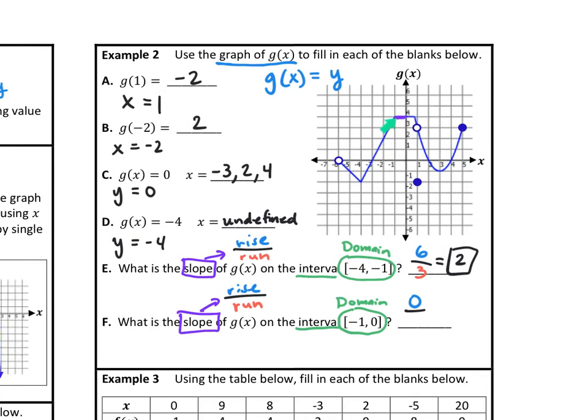How much did I go from left to right? Looks like 1 unit, right? 1 unit. So what is 0 divided by 1? Well, 0 divided by anything is 0. So my slope is 0 for this piece of the line. Okay.